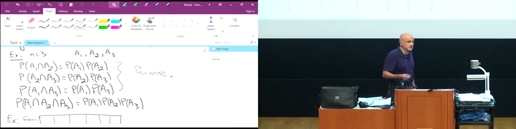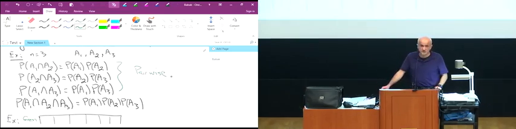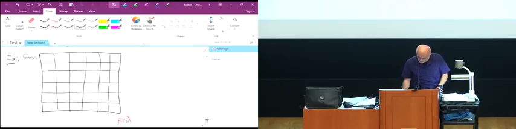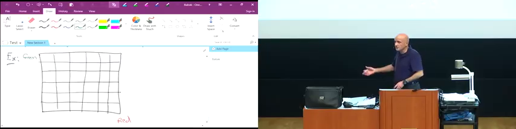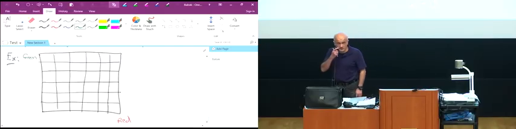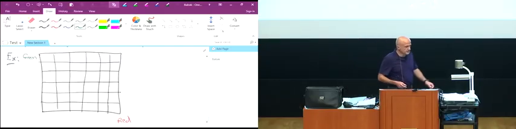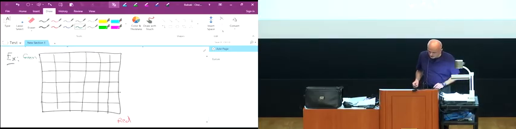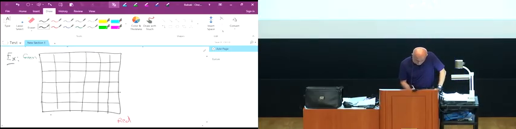Pairwise independence does not imply mutual independence. So this is actually one place where using the word mutual is helpful, because then you can distinguish the two situations. Mutual independence always implies pairwise independence, but the other direction does not hold. And we'll see that here. So I've got two rolls, a roll of a red die and a green die.